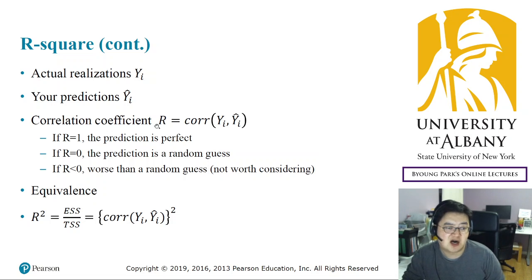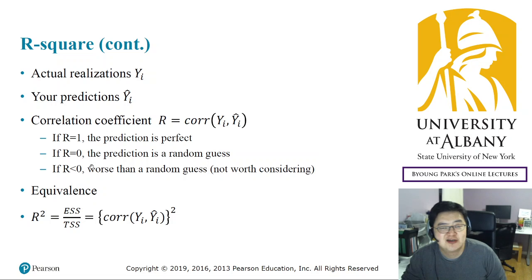So in this case, R is the correlation coefficient. If the correlation coefficient is 1, that means the prediction is perfect. If 0, that means it's of no use. It's just a random guess. You are randomly guessing the test score, so there is no value at all. And an even more extreme case is when the correlation coefficient is negative.